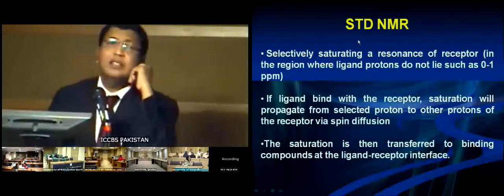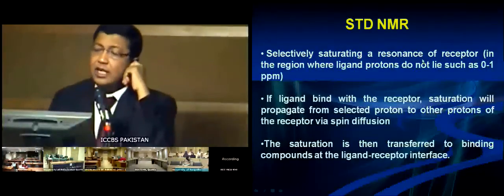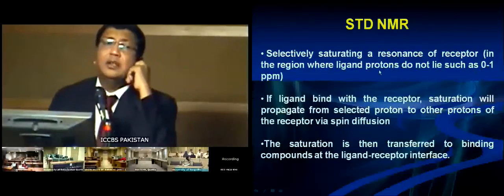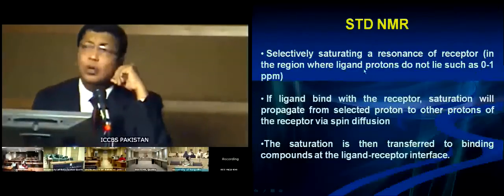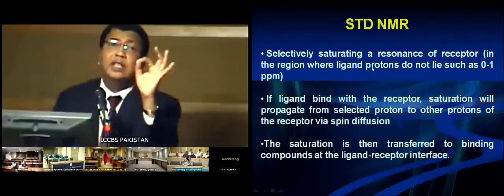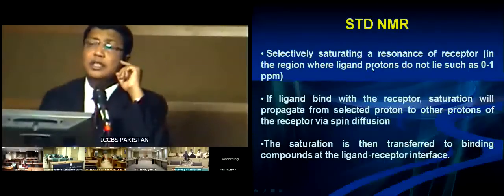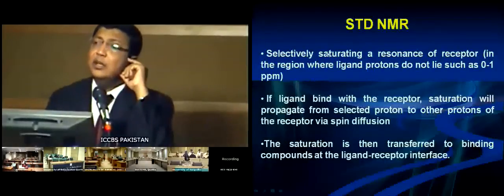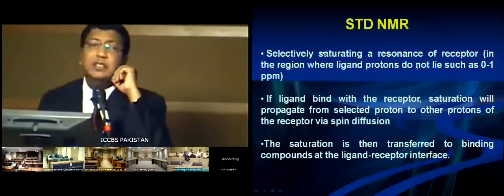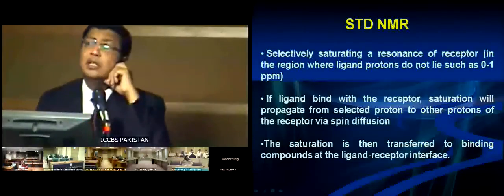Or viruses, or a hormone, whatever. Generally in the region where the ligand has no proton. That is important. You want to saturate selectively the protein protons, right? So you select a region in which the ligand has no signal. The ligand has no signal, right?